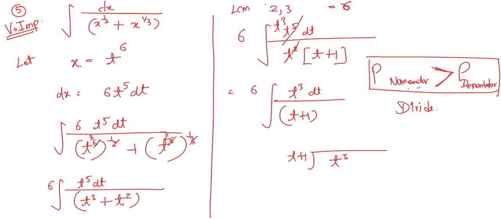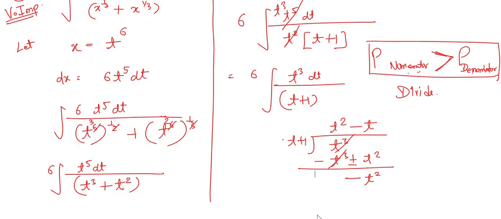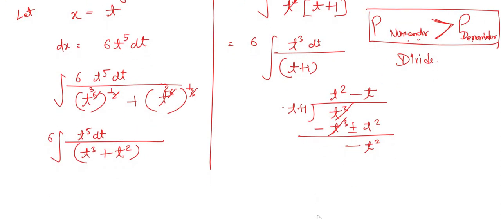So what will be the division? It will be t square. I will select t square, so t cube plus t square, minus minus. This will cancel, so I am getting minus t square. Now what should we select for division? Say minus t. Now how to divide it? Minus t into this is minus t square. That's how we divide, minus t.